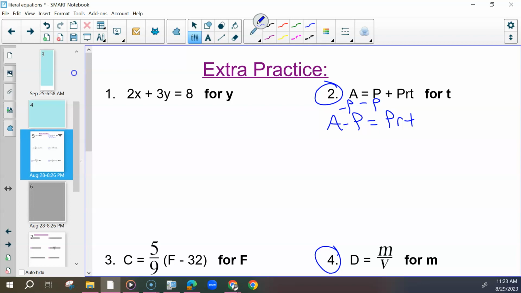So we have to think of how we can undo that, but also get rid of P and R. Divide. And we can actually do that at the same time. Divide P and R at the same time. So then our equation, we have A minus P all over PR equals T.